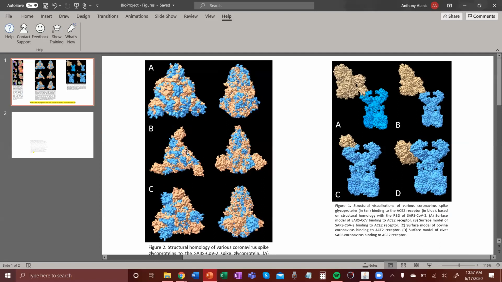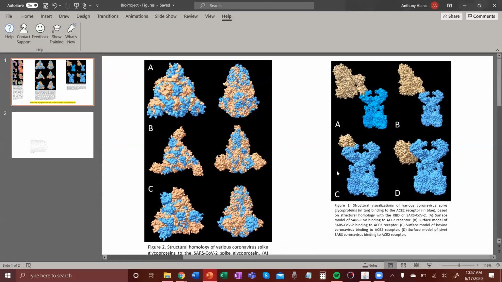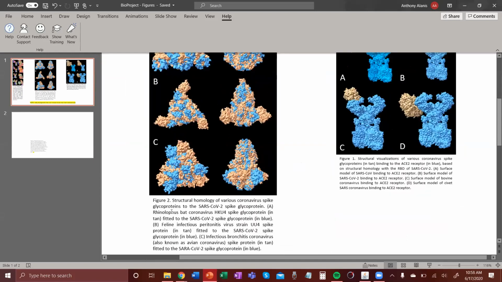The reason this middle figure is different is because not every protein I found was in the correct conformation to bind. Take this first one, the rhinolophus bat coronavirus.